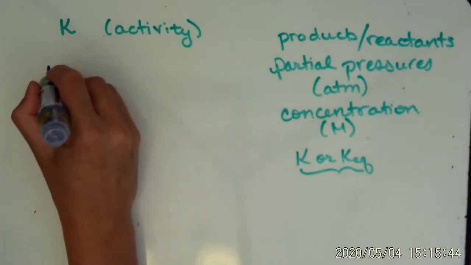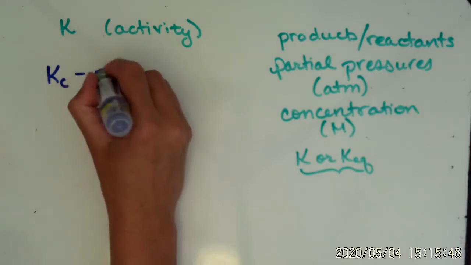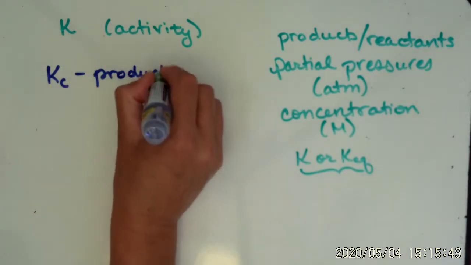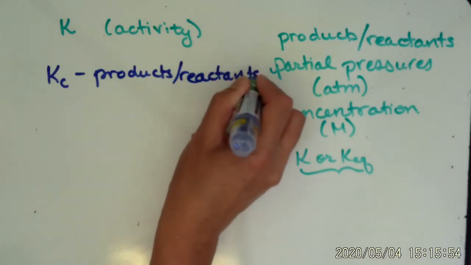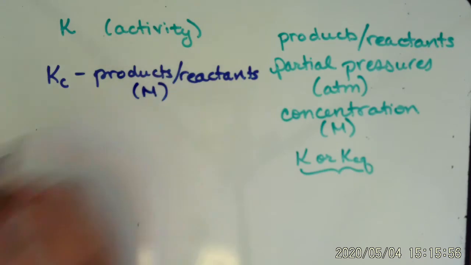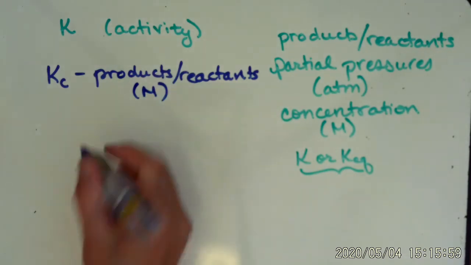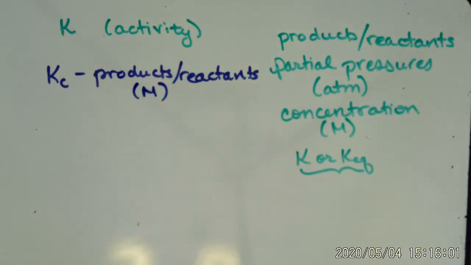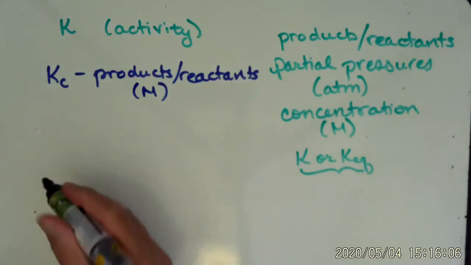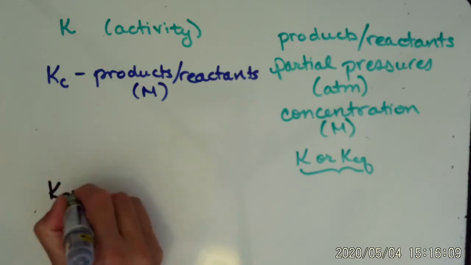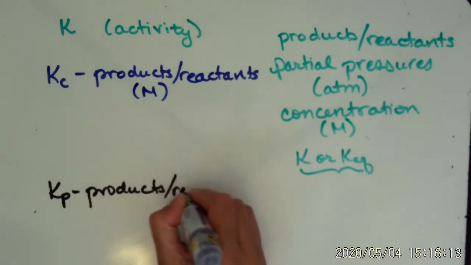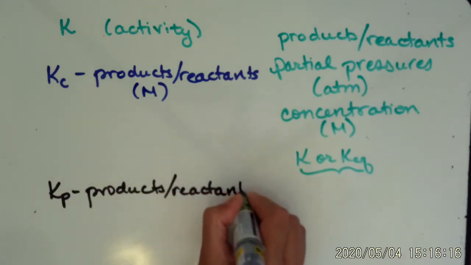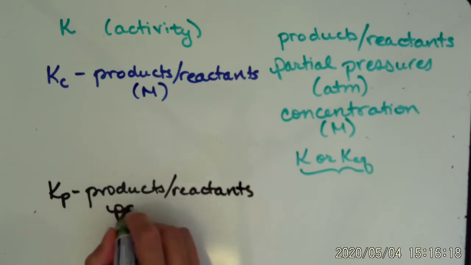So we have Kc, where products and reactants are all in terms of concentration. If you see other subscripts, you may also see, and we're going to talk about it next, Kp. All my products and reactants are gases, so we can use partial pressures, in atmospheres.